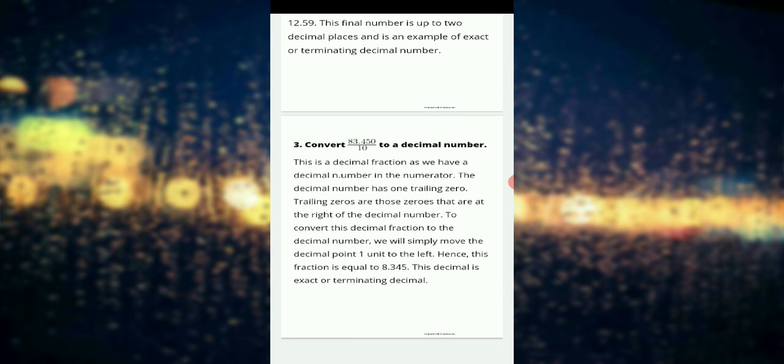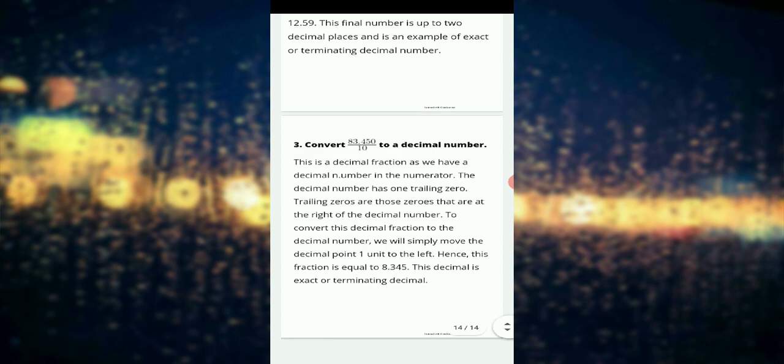Example next, convert 83.50 upon 10 to a decimal number. This is a decimal fraction as we have a decimal number in the numerator. The decimal number has one trailing zero.